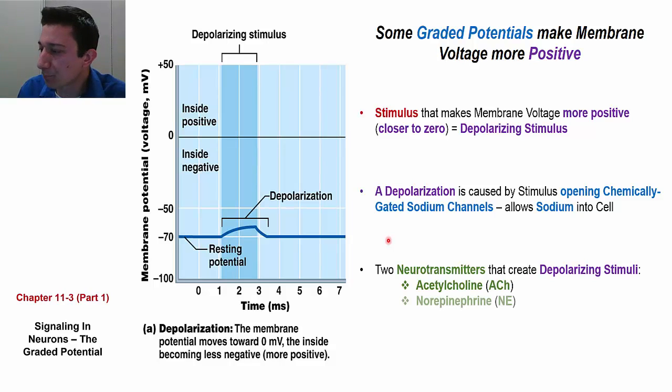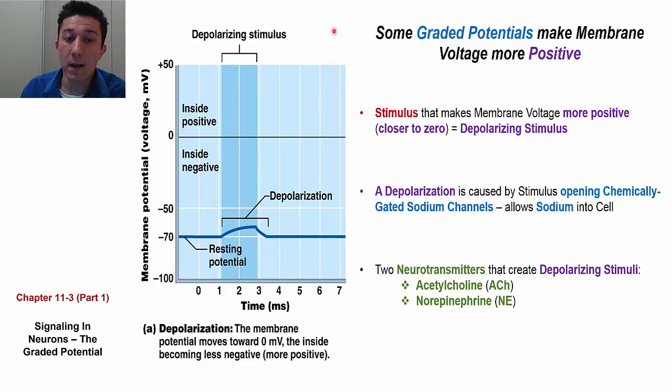Right. There's also another neurotransmitter called norepinephrine, or NE, that tends to create depolarizations in neurons that receive this neurotransmitter. So norepinephrine will also open chemically gated sodium channels in the plasma membrane.